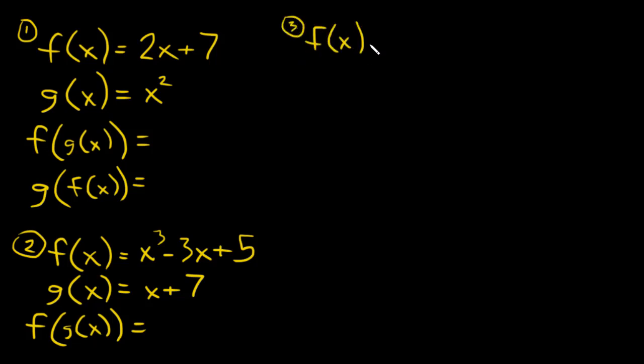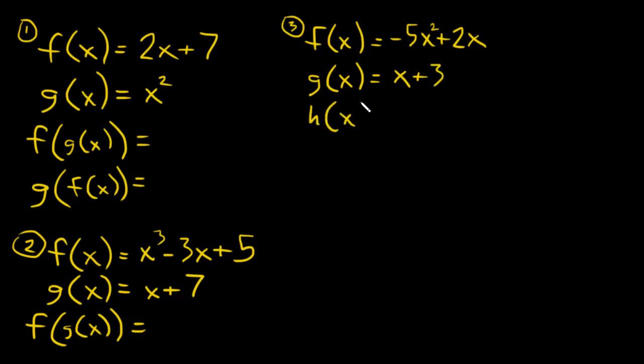F of x is negative 5x plus 2. You know what? Let's do negative 5x squared plus 2x. Yeah, let's make it fun. G of x is x plus 3. H of x is root x. J of x is, let's say, 4x plus 1.